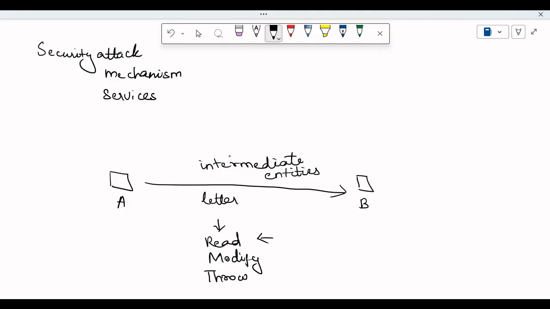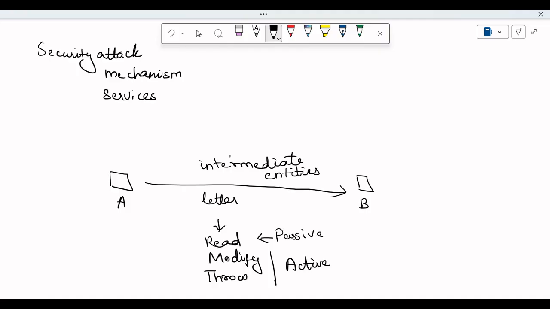So if A and B perform direct communication, at that stage they will be able to identify these two types of attack. Here the modification is an attack performed in the active sense, whereas in the reading case the attack is done in the passive sense.